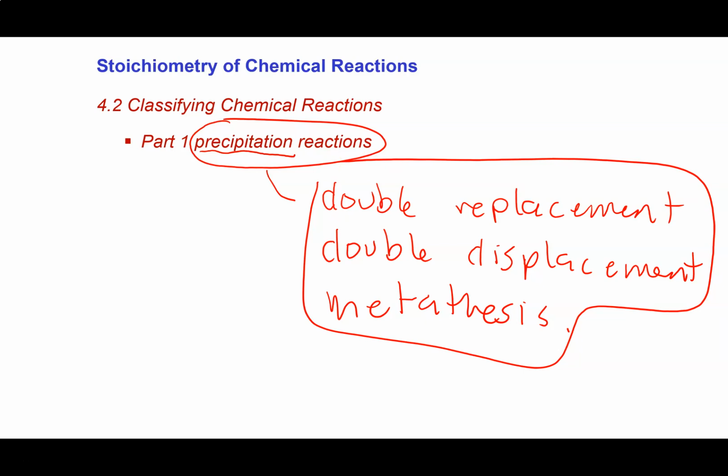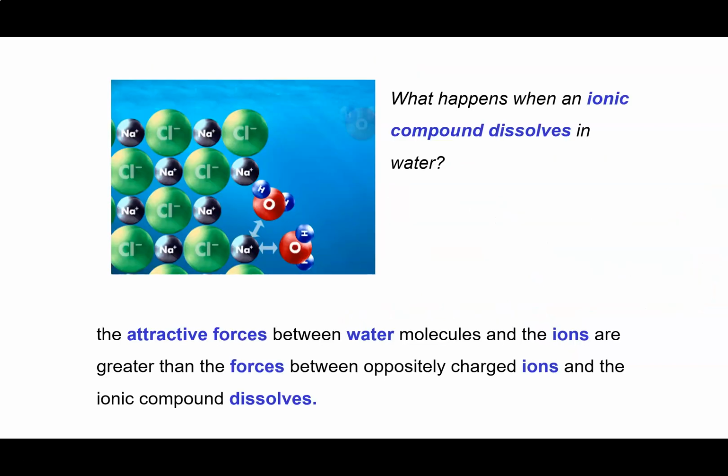The first thing that we want to consider is what happens when a solute is dissolved in a solvent. In particular, what we want to be thinking about is what happens when an ionic compound is dissolved in water to form an aqueous solution.